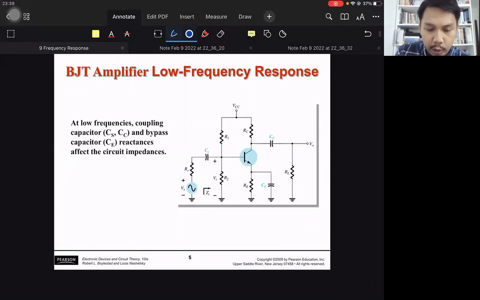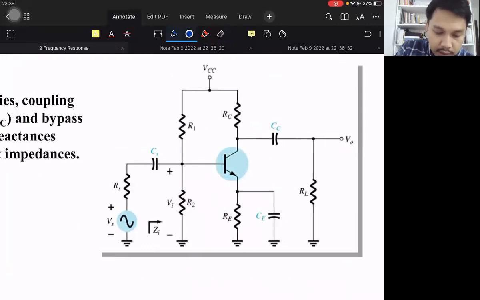So for the low frequency response, na itulo ka capacitors kung asa ma-influence ang low frequency response. We have 3 capacitors, the CS, CC, and CE. CS is the capacitor sa source. Yeah, connected siya sa source. CC is connected sa collector, and CE is the bypass capacitor sa emitter.